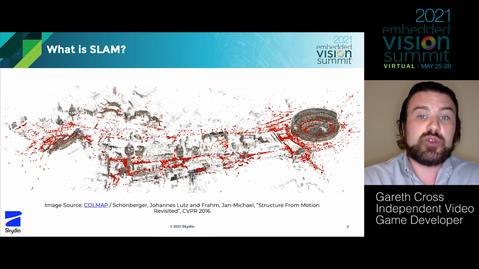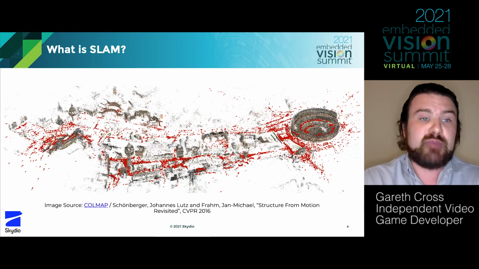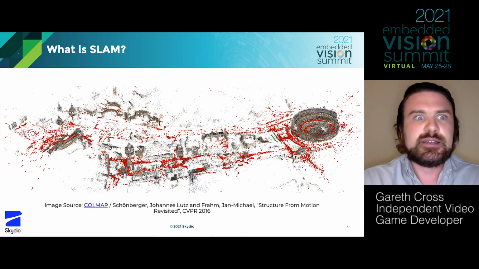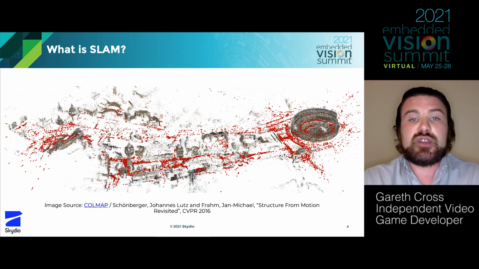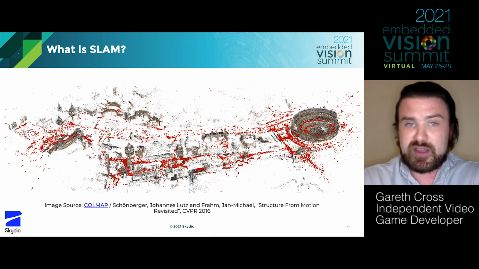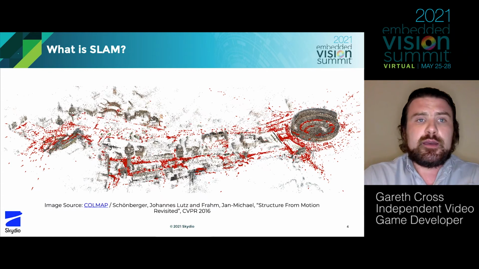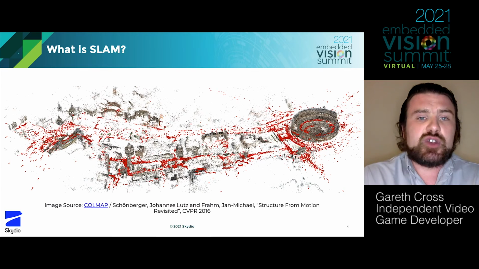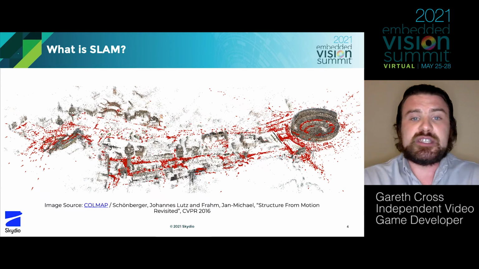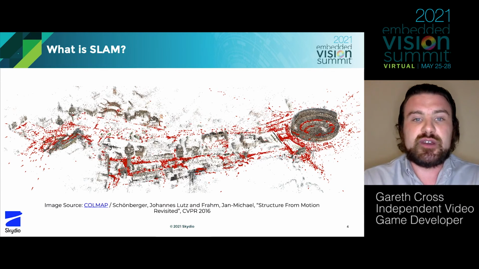So technology has improved a lot over time, by orders of magnitude, in fact. This visualization is a 3D reconstruction of Rome, built from tens of thousands of images using a process called structure from motion, and we're going to come back to what that is in a little bit. But for now, all you need to know is that these red triangles reflect the positions and view angles of camera images, presumably captured by tourists.